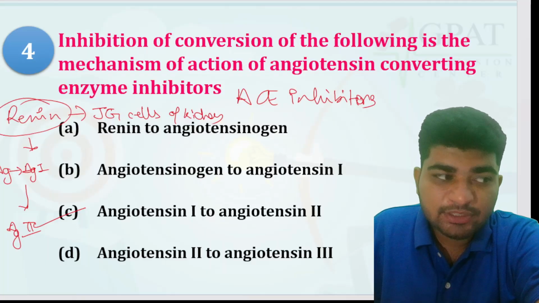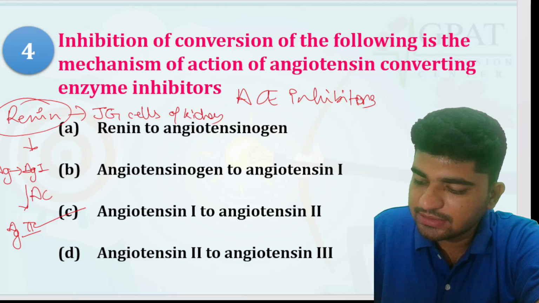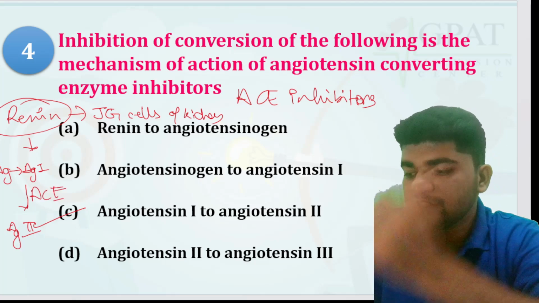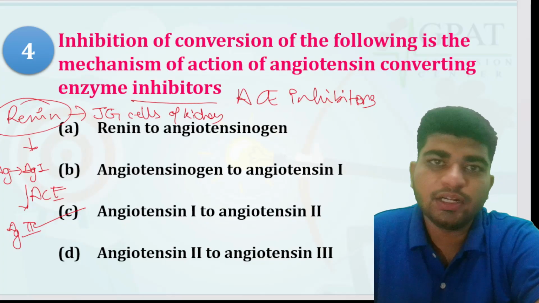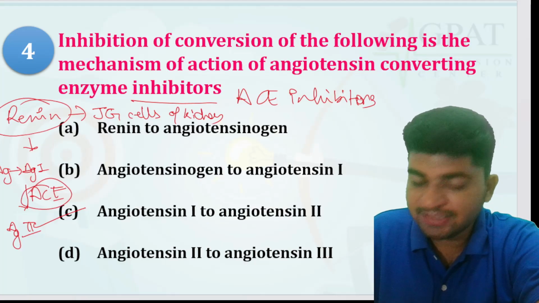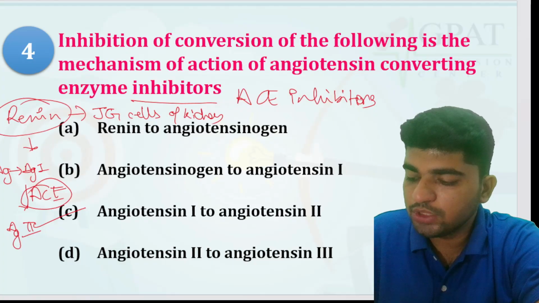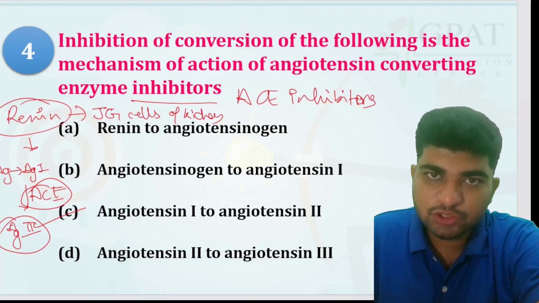What kind of enzyme is converting AG1 to AG2? That is ACE, angiotensin converting enzyme. Now the ACE inhibitors, like captopril, lisinopril, ramipril, inhibit this enzyme, which ultimately leads to no formation of AG2.